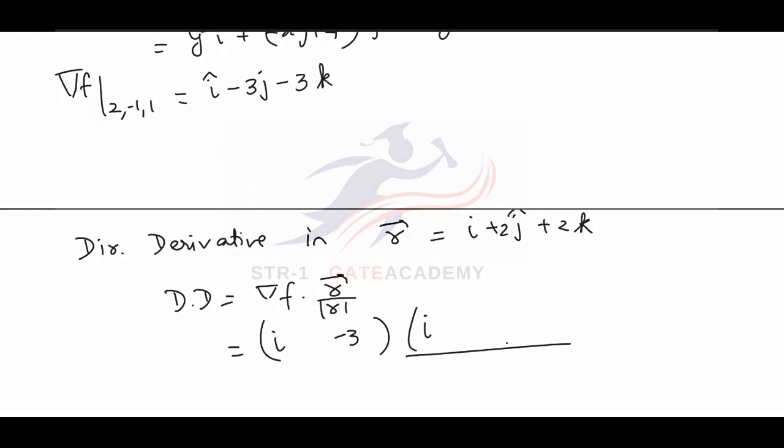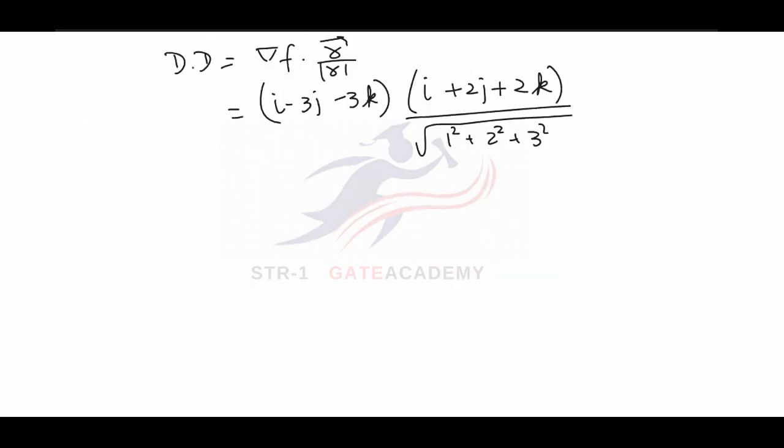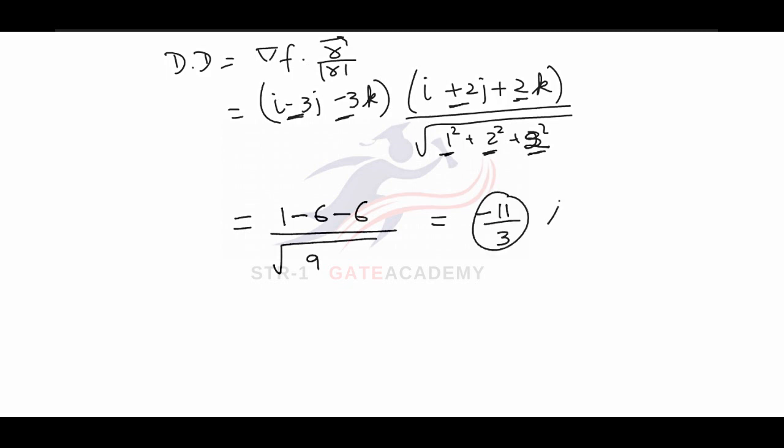Divided by the square root of 1 square plus 2 square plus 2 square. So if I multiply 1 into 1, and -3 into 2 - you know how to do the dot product, right? It will be -6, and -3 into 2 will become -6, over the root of 9. So this will be nothing but -11 by 3. That will become your answer.